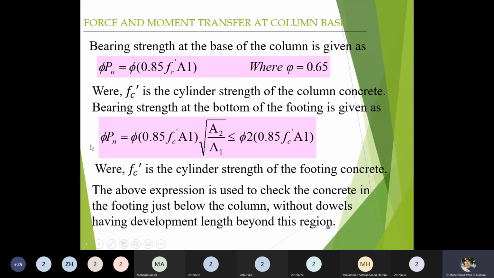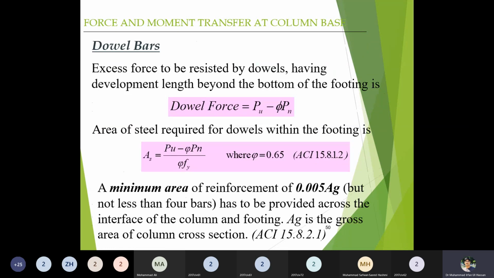And if the column load is lesser than the capacity, then we can provide the minimum dowel bars. So this is the criteria for the dowel bars: the excess force, which is basically not resisted by the concrete, equal to Pu minus phi Pn, if it is obtained, then we have to go for dowel bars.